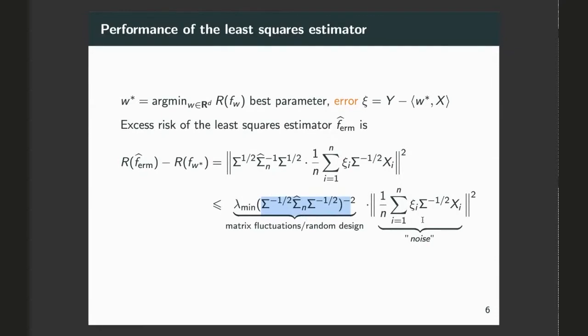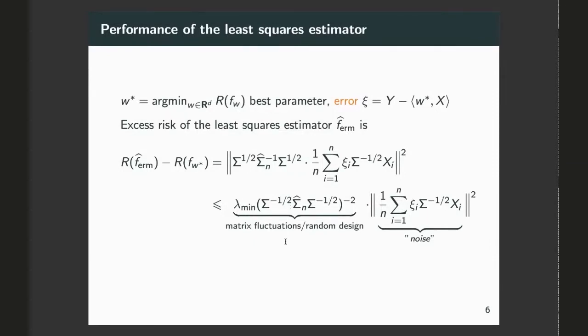So this is a classical term, which you have even in the fixed design case. Then there is another term, which is specific to the fact that we look at a random design problem, which means that we try to predict on a new sample. It's related to the fluctuations of the empirical covariance matrix around the true covariance matrix.